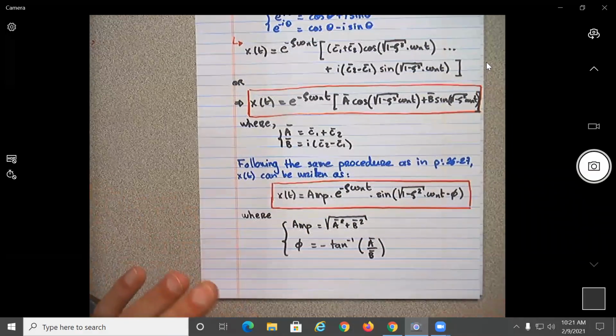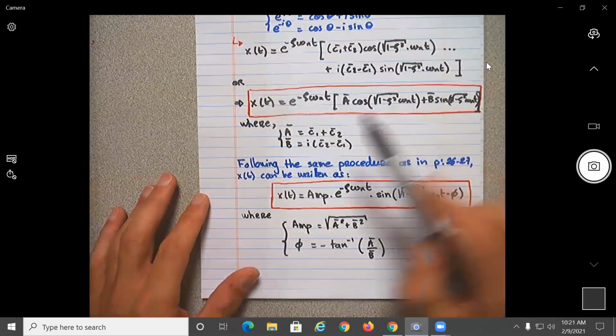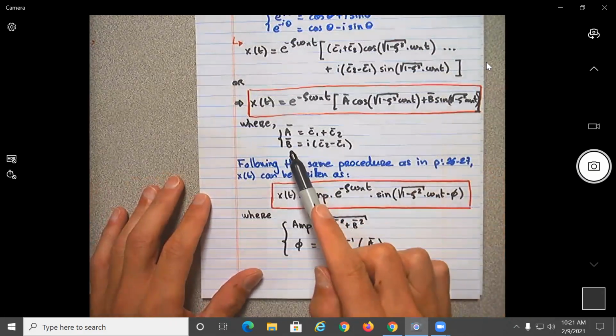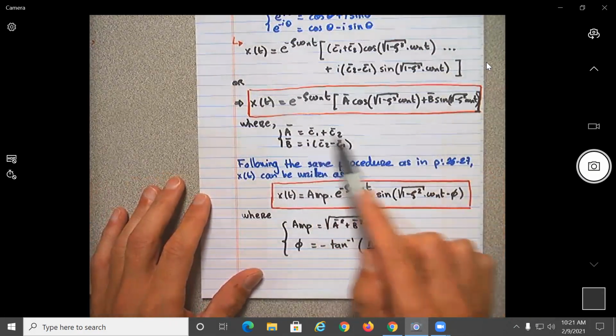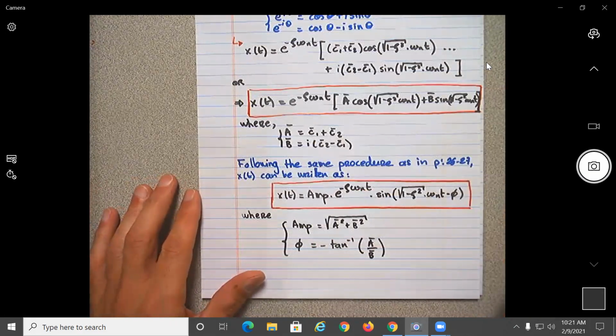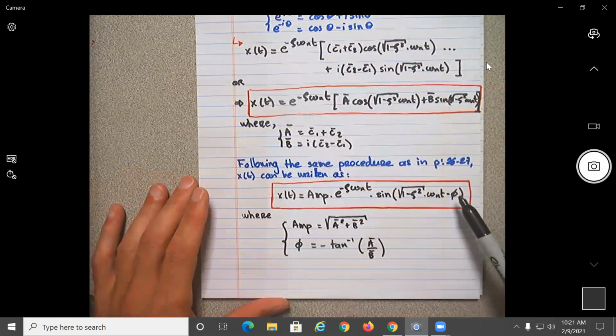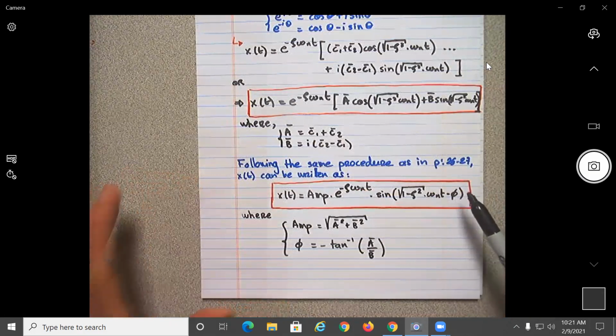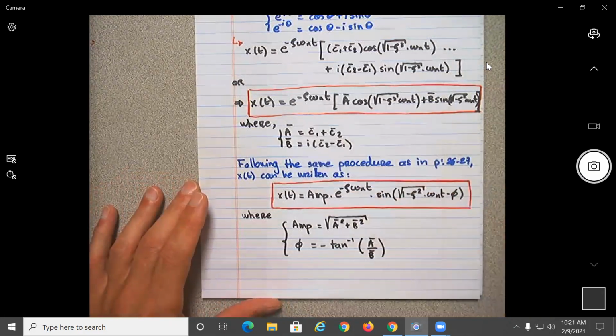But now let's not lose track, because I know we changed notation. A bar and B bar are still functions of C1 and C2. So now this is a general form of the solution, but for the two specific initial conditions, we need to determine C1 and C2.